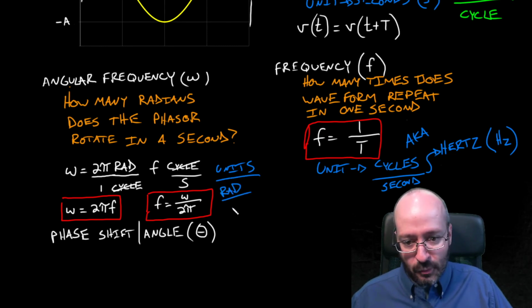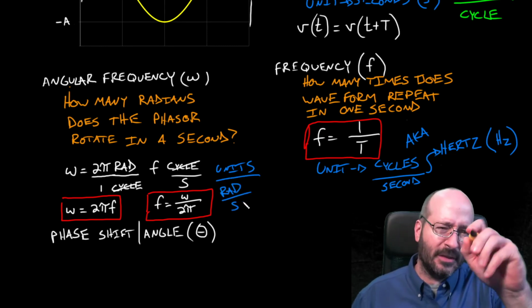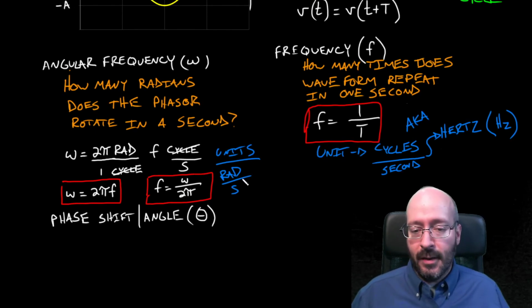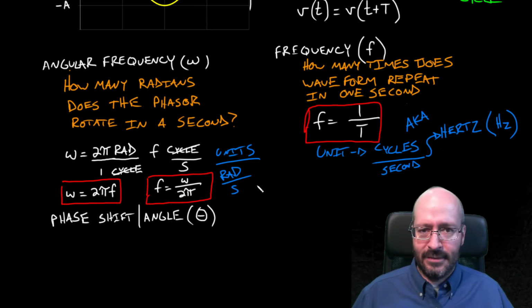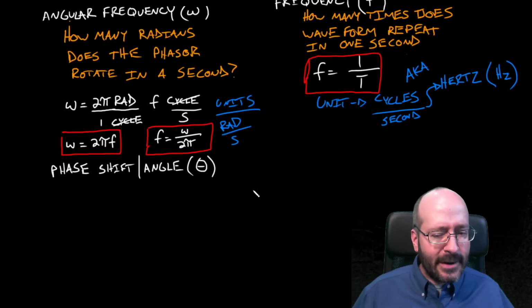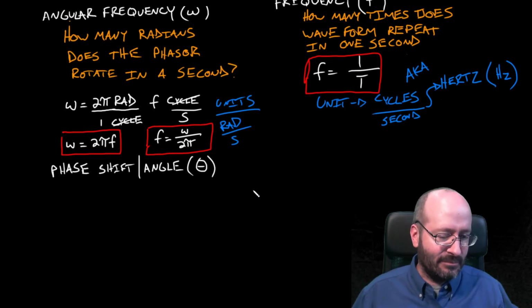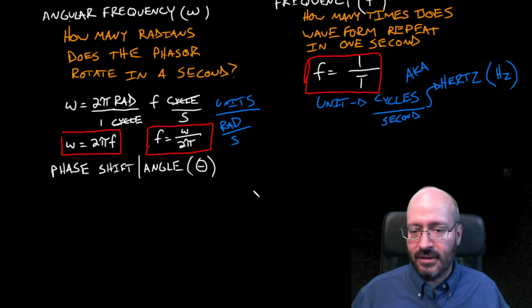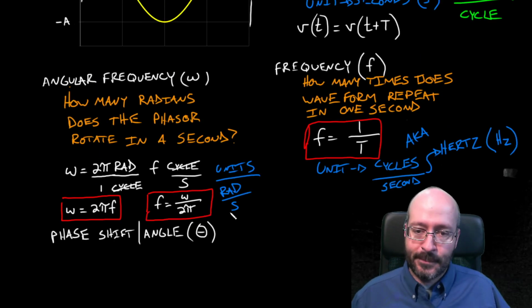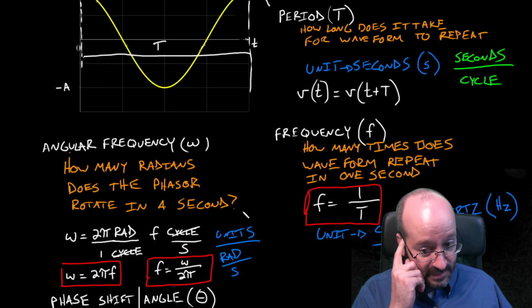So a lot of times I'll write radians per second. Sometimes you'll see inverse seconds because radians is supposed to be unitless. But a lot of times we'll explicitly write rad per second just so that we're being as clear as we can in our communication. We never quite get there, but we always aspire to be as clear as possible when we're communicating these values.